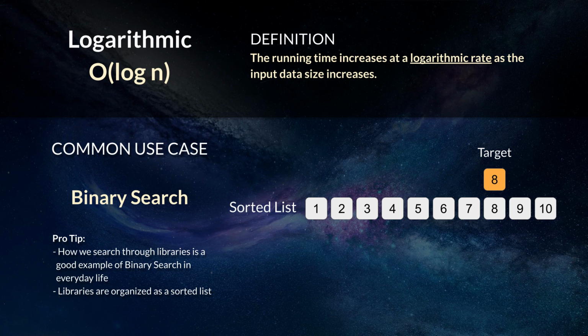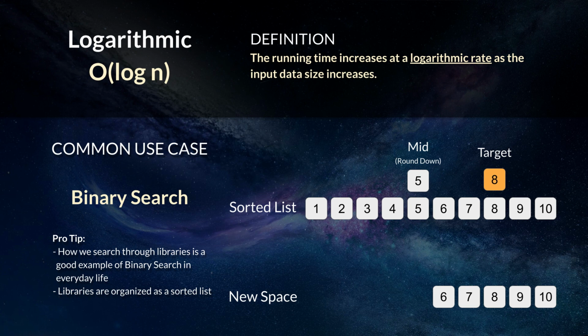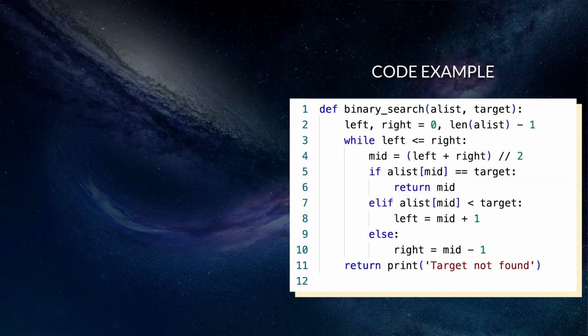It compares the target value to the middle element of the list, and based on the comparison, it can discard half of the search space. This process is repeated until the target value is found or the remaining search space is empty, making its time complexity logarithmic. Let's take a look at the sample binary search code line by line below.